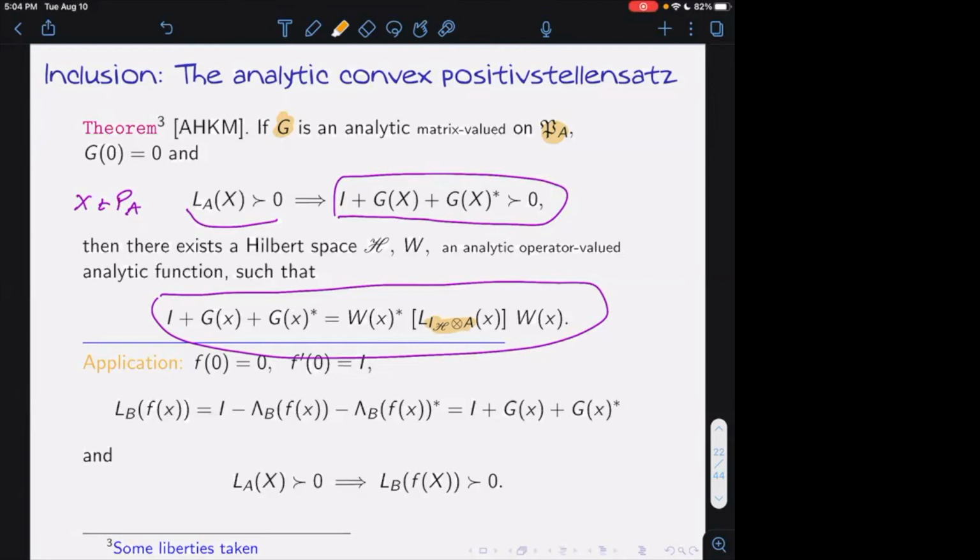And then we multiply by W and W star. So clearly if L_A(X) is positive, then that's positive and the whole right-hand side is positive. So if you have this representation, then L_A(X) positive implies that I plus G plus G star is positive. And then the theorem is that the converse holds. Okay. And I have to say, the statements may be slightly more technical, but I took a little bit of liberty on that.